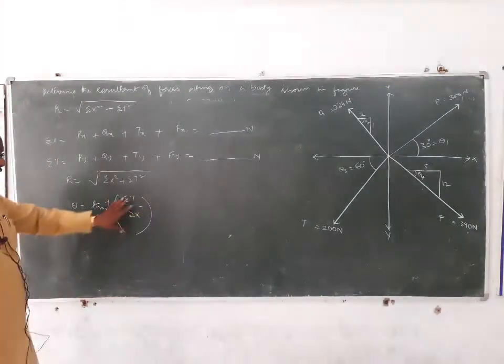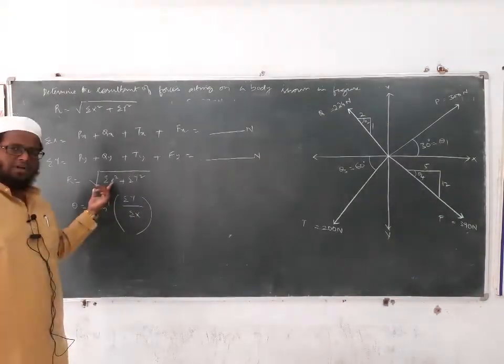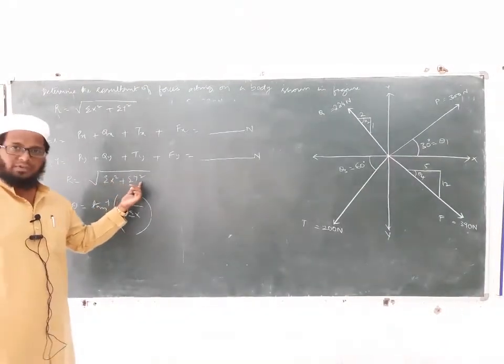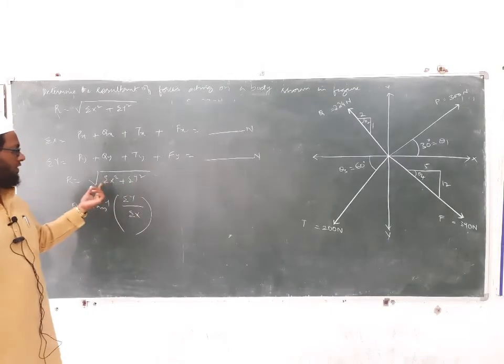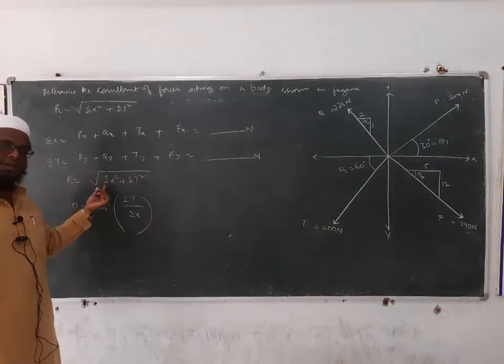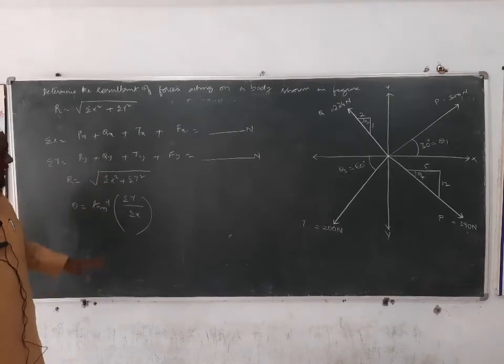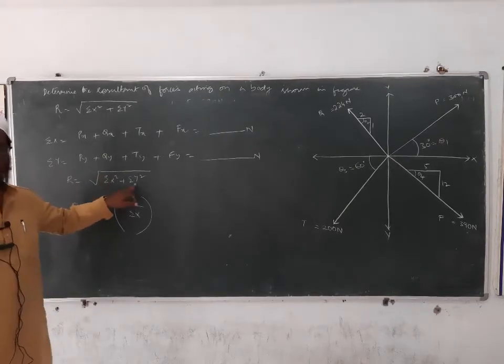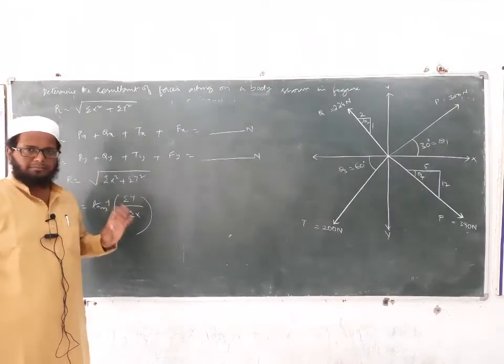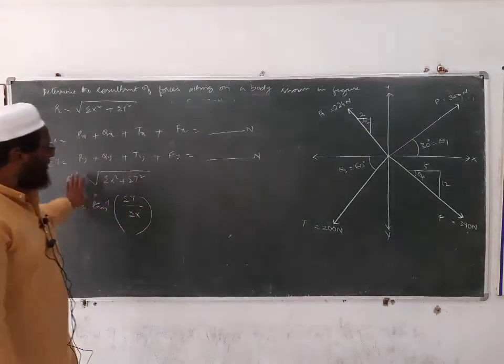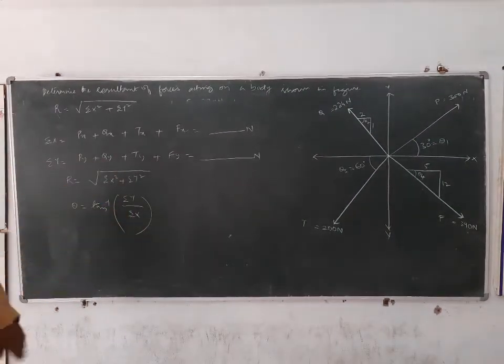In some textbooks it may give you sigma H and sigma V, the horizontal or vertical components. You can take any of these. Either sigma x is equal to 0 or sigma y is equal to 0. Both are the same. So this is how we calculate the resultant for these types of forces.